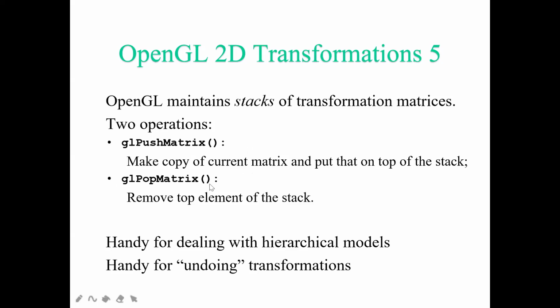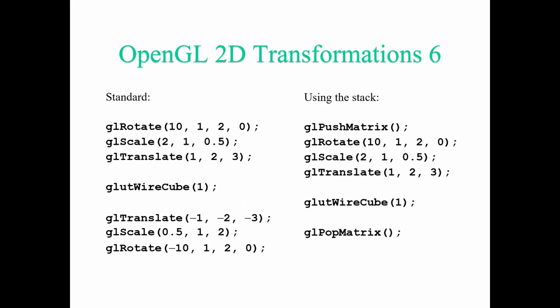And in glPopMatrix, you remove the top element of the stack. That you have to remember. Whatever the current matrix is, that you are going to remove. It is very easy to handle, it's not difficult.